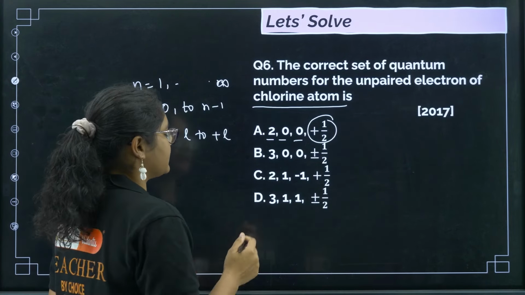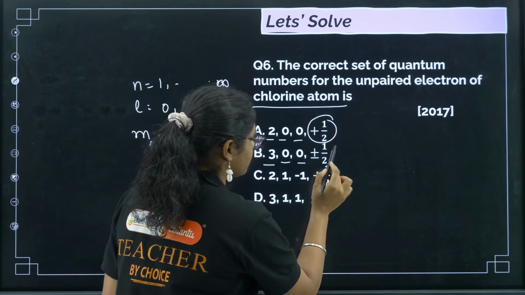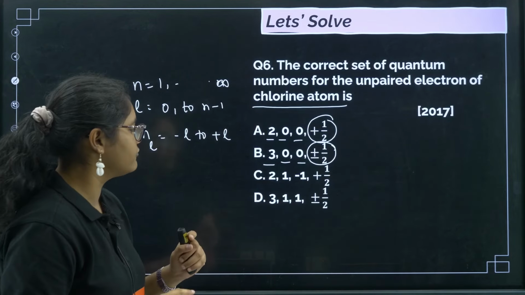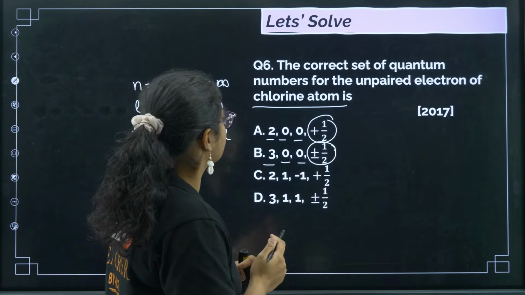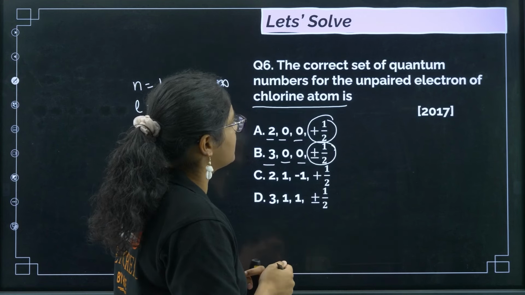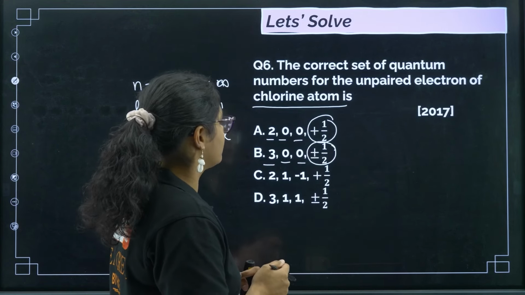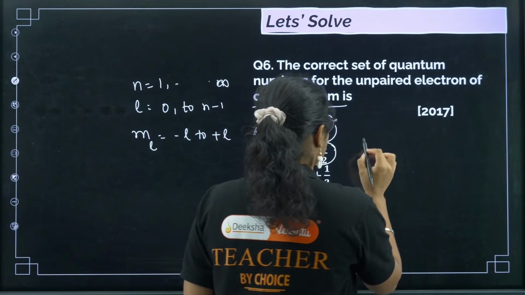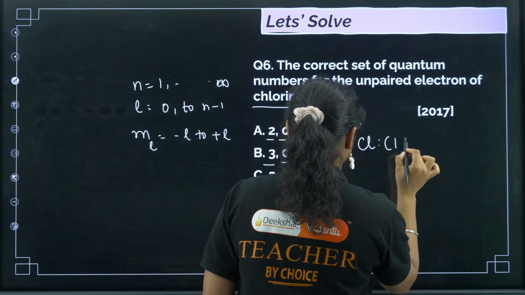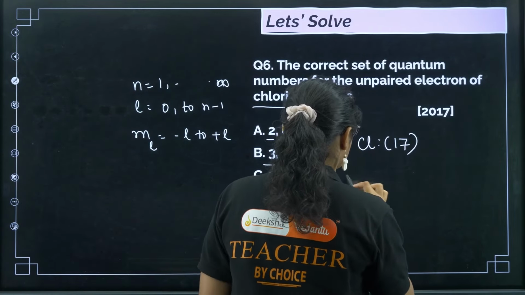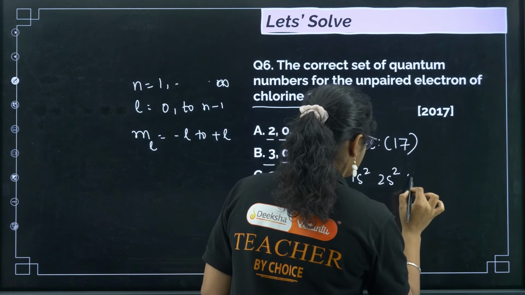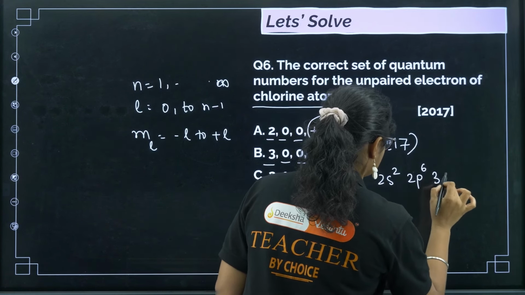Next, if you see, we have here 3, 0, 0, plus minus half, right? So you cannot give plus minus half. The question is the correct set of quantum numbers for the unpaired electron of chlorine atom. So first we need to write the electronic configuration, then only we can do it. Chlorine has 17 electrons, right? Now if you write the electronic configuration: 1s2, 2s2, 2p6, 3s2.